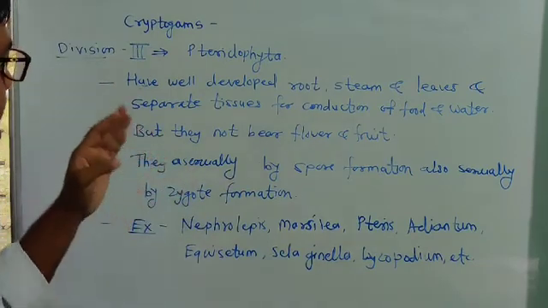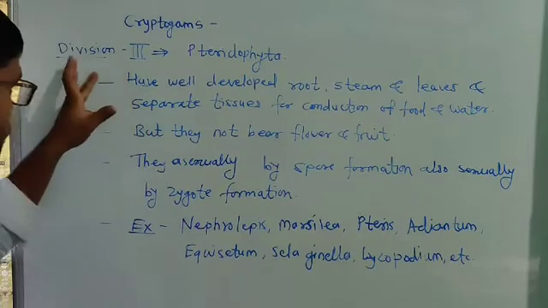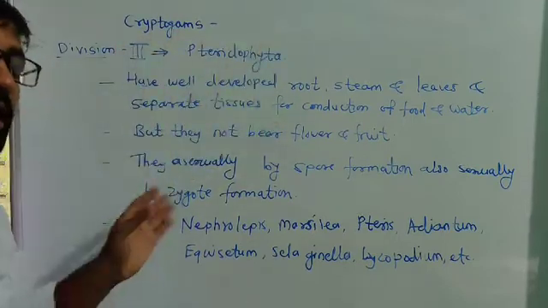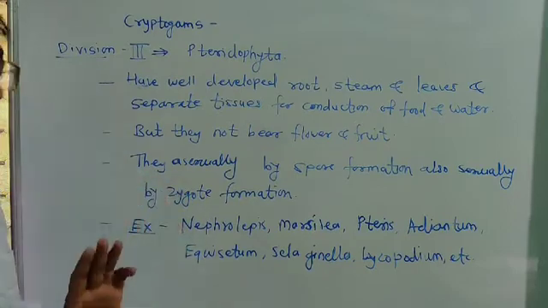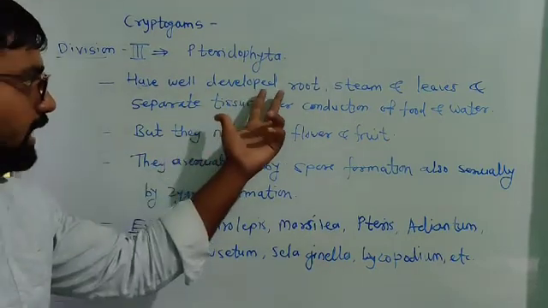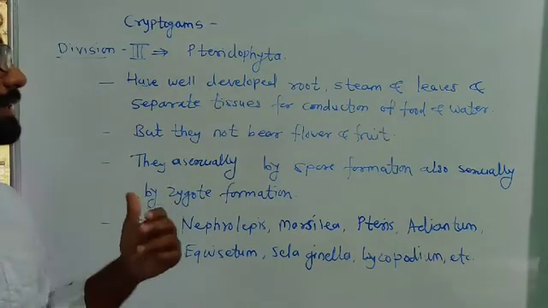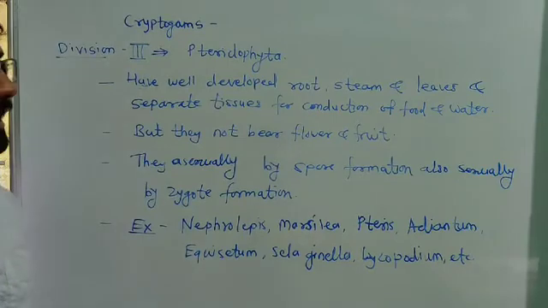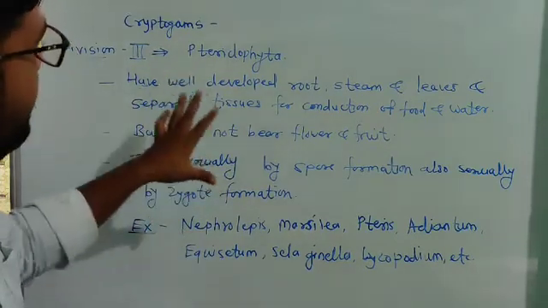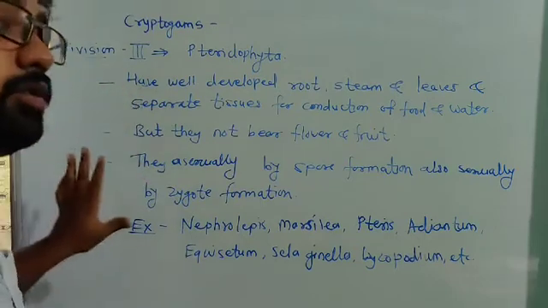So well developed plants start from this division Pteridophyta. Beyond that, whatever divisions we see are all well developed plants, because true roots, stem, leaves and true conducting tissues are present there. So this is one of the well developed divisions as compared to the first two divisions.